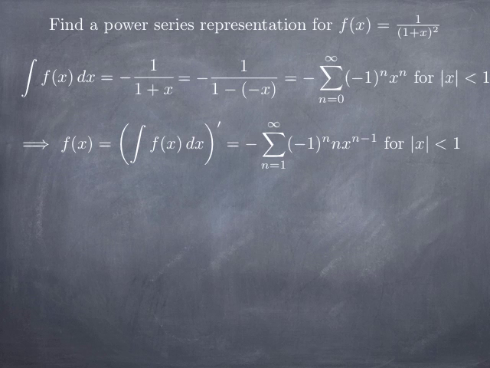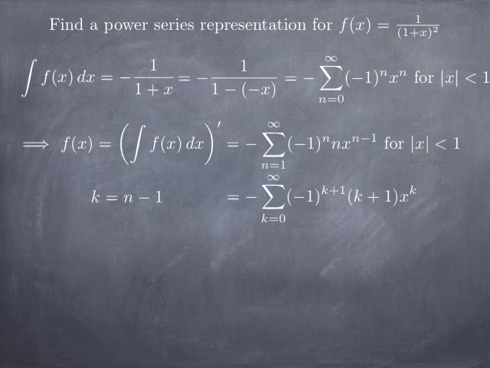It's not very important, but we can rewrite that if we want to start at 0. If you think of how it starts when n equals 1, x to the n minus 1 is x to the 0, so you get the constant term. So we could rewrite that in terms of a new index k, which is n minus 1. In that case, when n is 1, k is 0, so we start the series with k equal to 0.